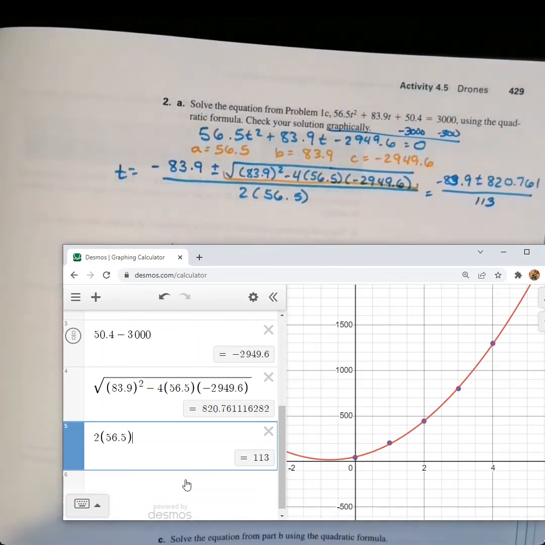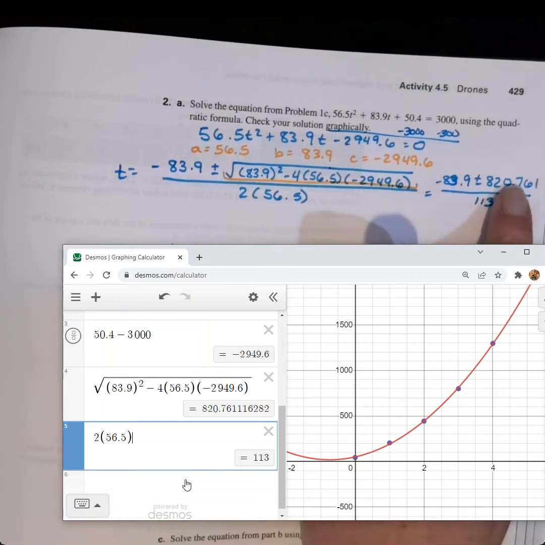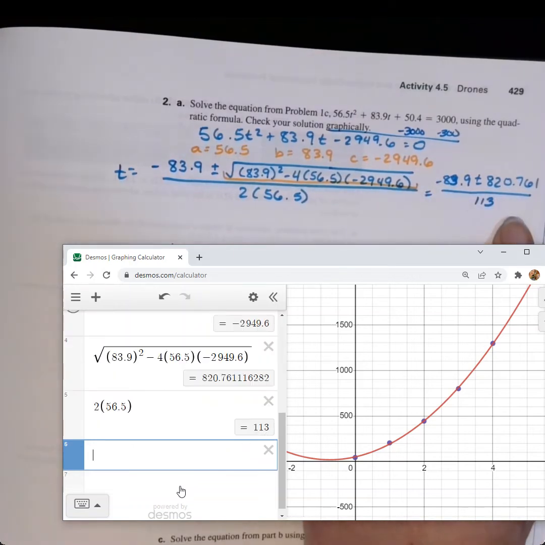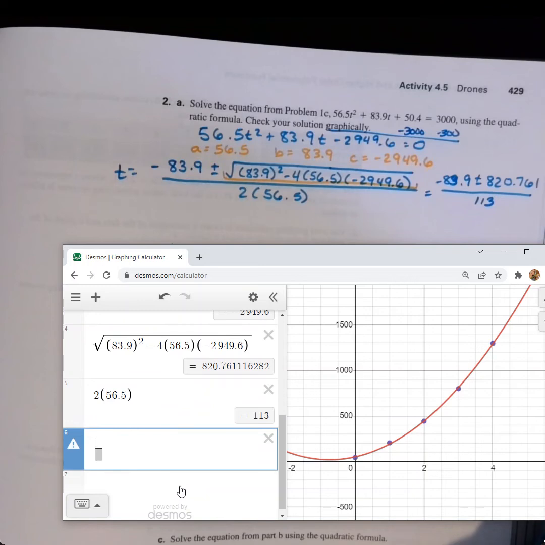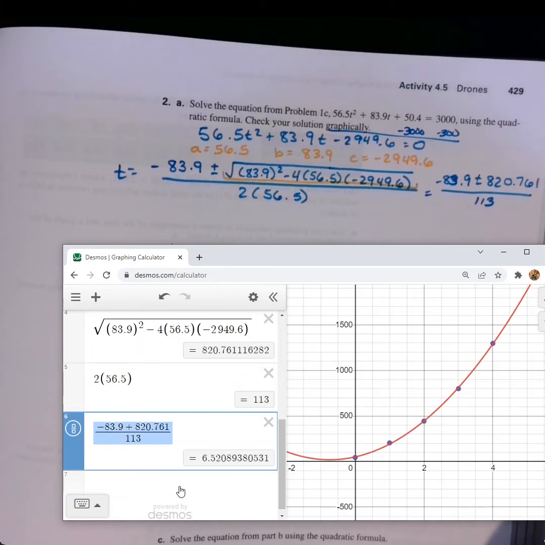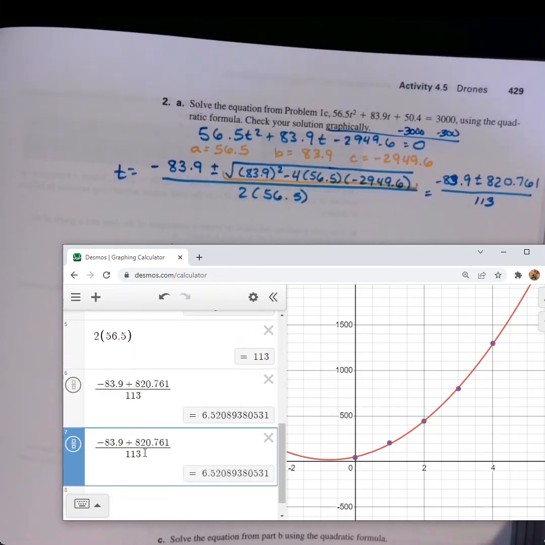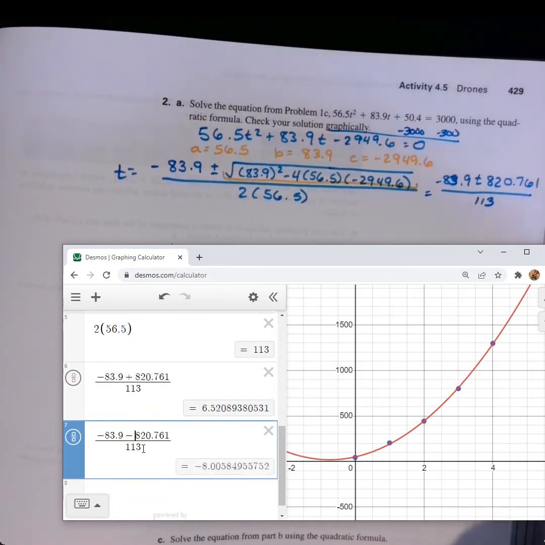Okay, so this is where I have to separate into two different answers because I need to do the addition and the subtraction separate. Okay, so I'll make my fraction and I'll do negative 83.9 plus 820.761 divided by 113. And then I can just copy paste that and change it to the minus.